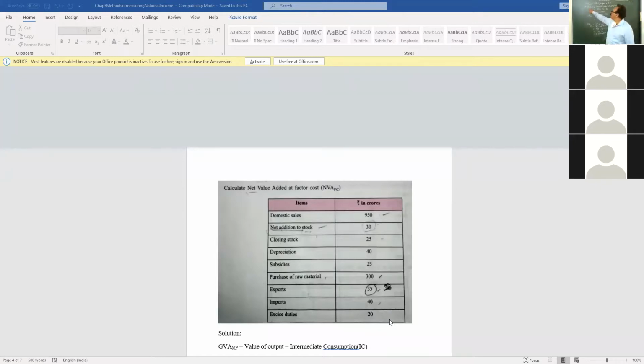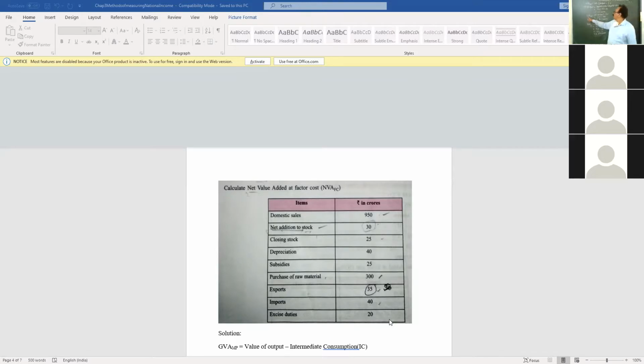What was this we had found out? Value of output. Now substituting this value of output in the formula, gross value added at market price equals value of output minus IC. 1015 minus intermediate consumption, which is directly given as purchase of raw materials. Minus 300, you get 715 crores.